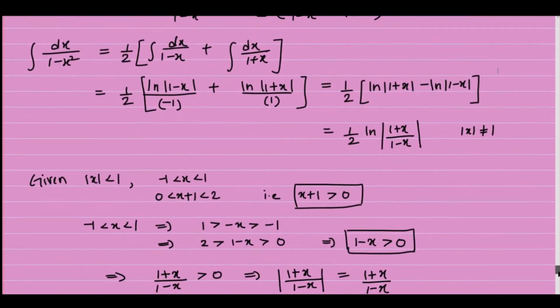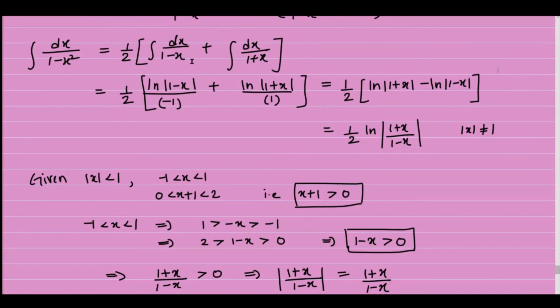Now, integral dx by (1 minus x), the integration of this is logarithm of modulus of (1 minus x), and here we have to divide by the derivative of minus x. The derivative of minus x is minus 1. Plus logarithm of modulus of (1 plus x) divided by the derivative of x, so it is 1.